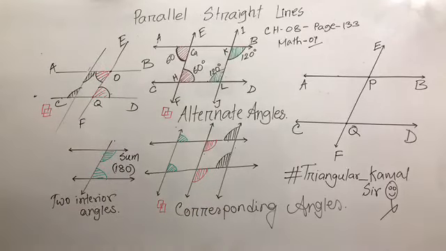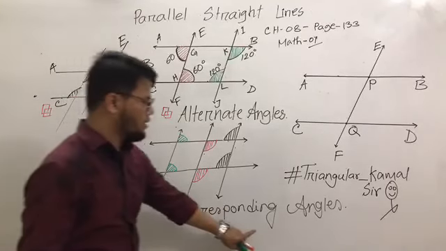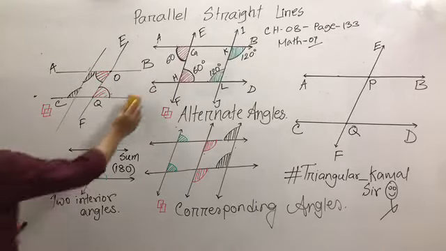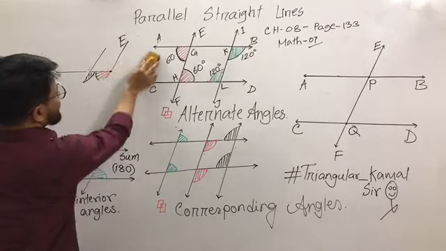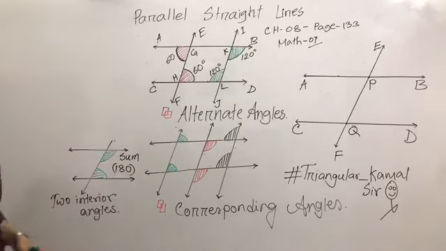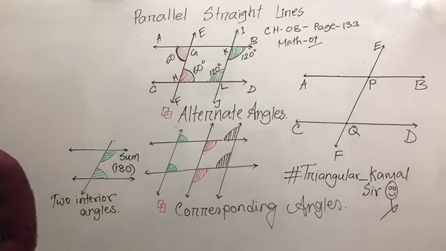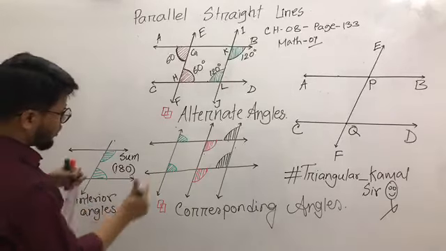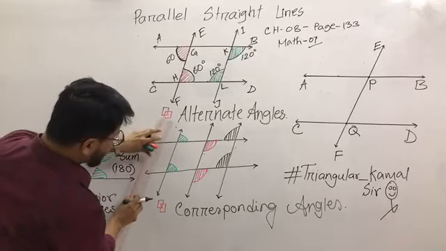There are two pairs of alternate angles. Now give attention to the corresponding angles. The next one is corresponding angles. We have missed one pair here, so we can draw another set.